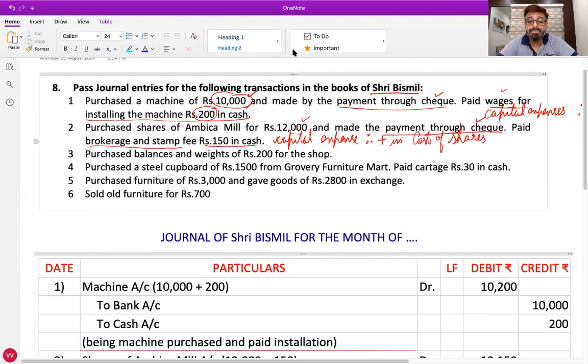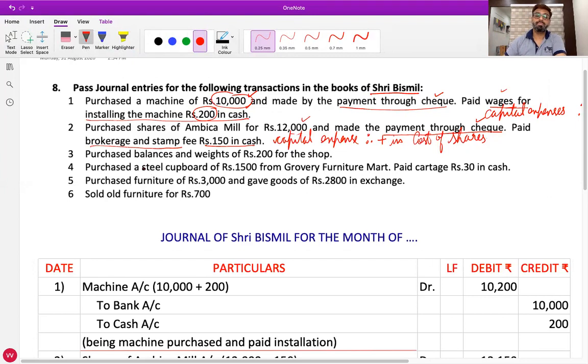Isha Sharma, read the fourth. Purchase a steel cupboard of rupees 1500 from Grovery Furniture Mart. Paid cartage rupees 30 cash. Now tell me, cartage, is it one-time expense or recurring expense?